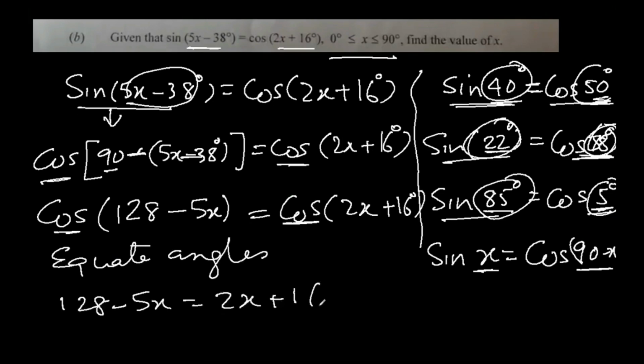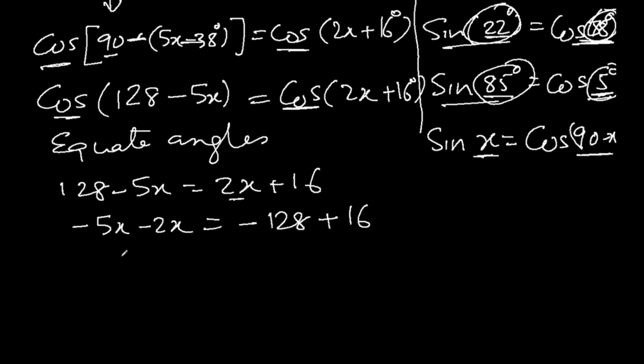Take 2x to the left side, it becomes minus 5x minus 2x. And take 128 to the right side, 128 plus 16. Okay, so it becomes minus 7x equal to, it is minus 112.